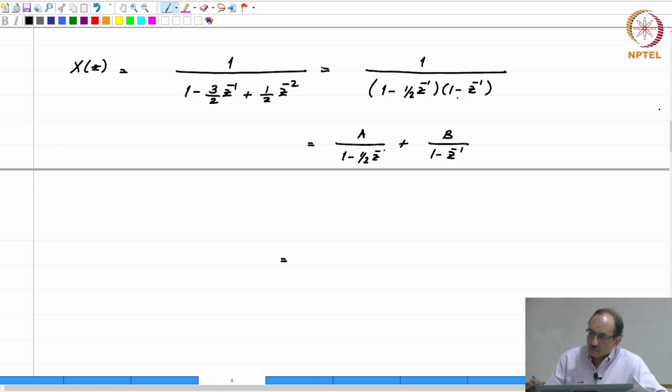So, what is A? So, this is minus 1 by 1 minus half z inverse plus 2 by 1 minus z inverse.